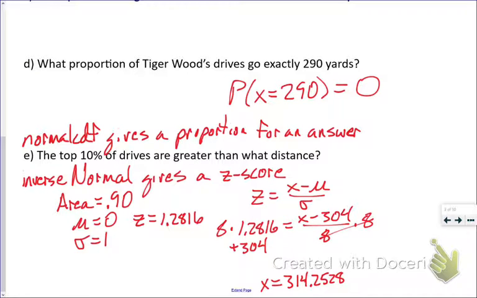So let's say it in a sentence. 314.2528 yards and greater represents the top 10%. All right, hope that made sense. See you in class.